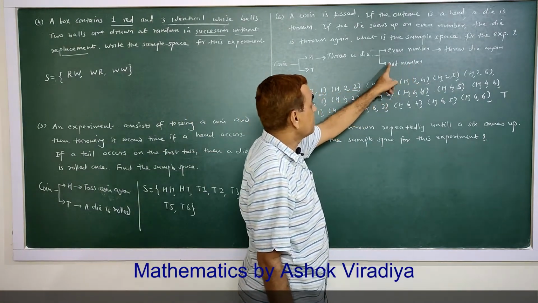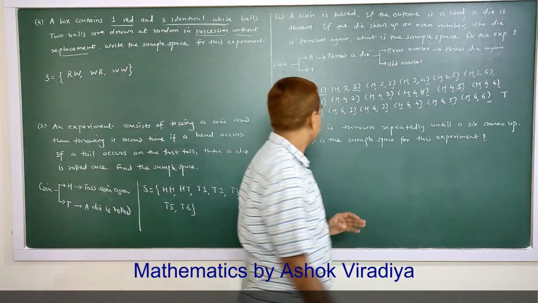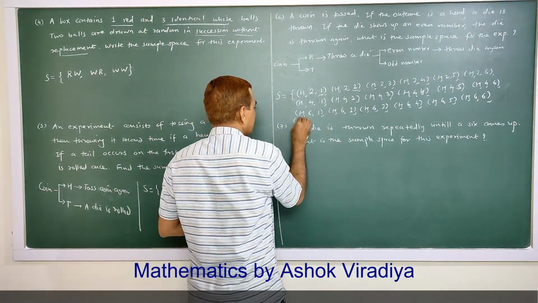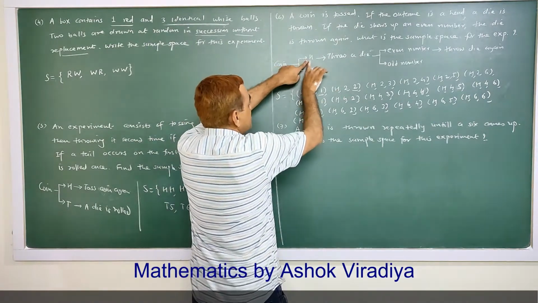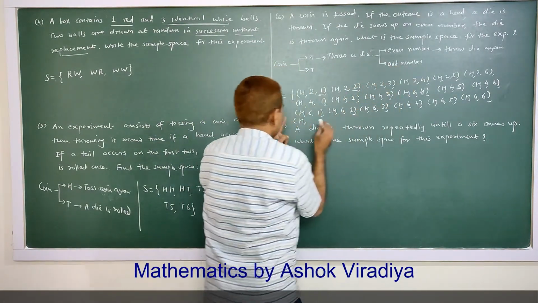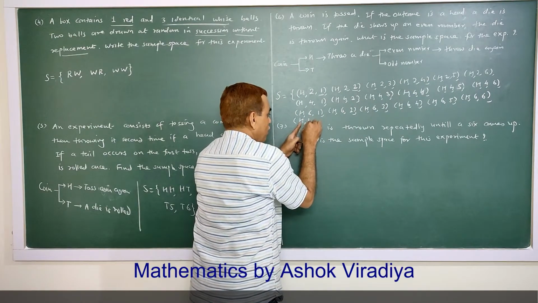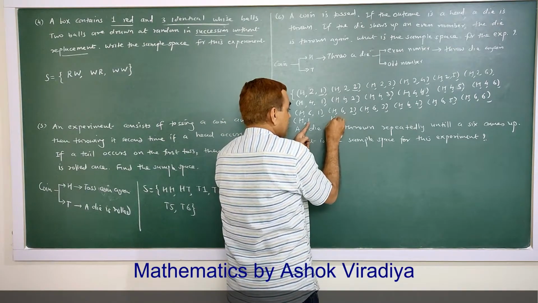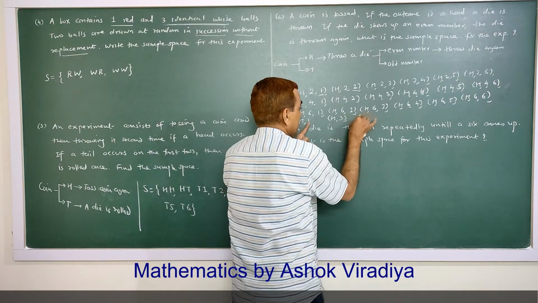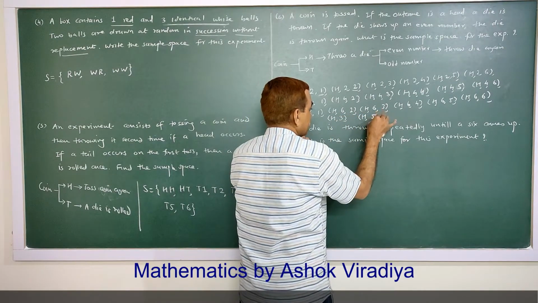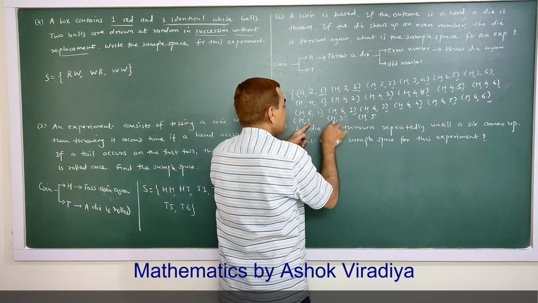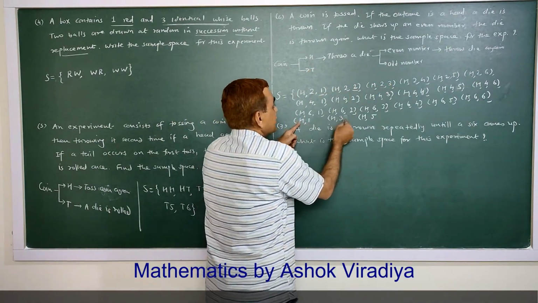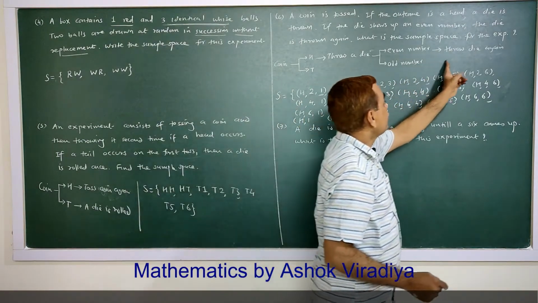When an odd number appears, continuing this, with H, throwing a die, if odd appears, means 1, 3 or 5, so H1, H3, H5, then don't do anything next.